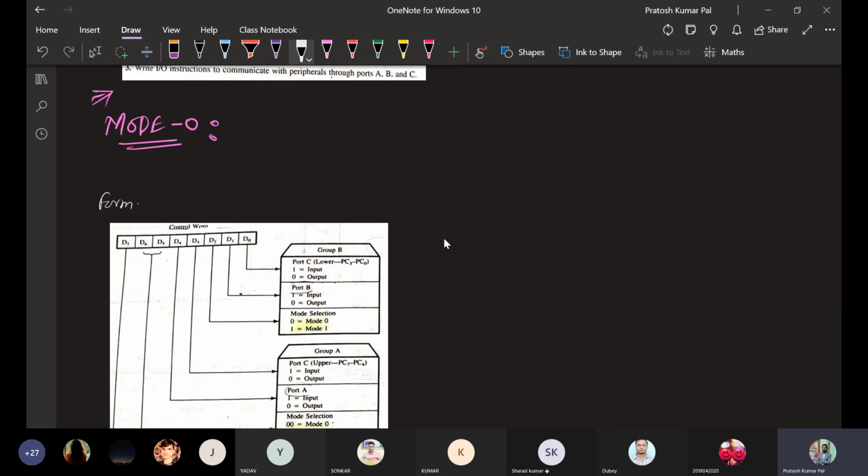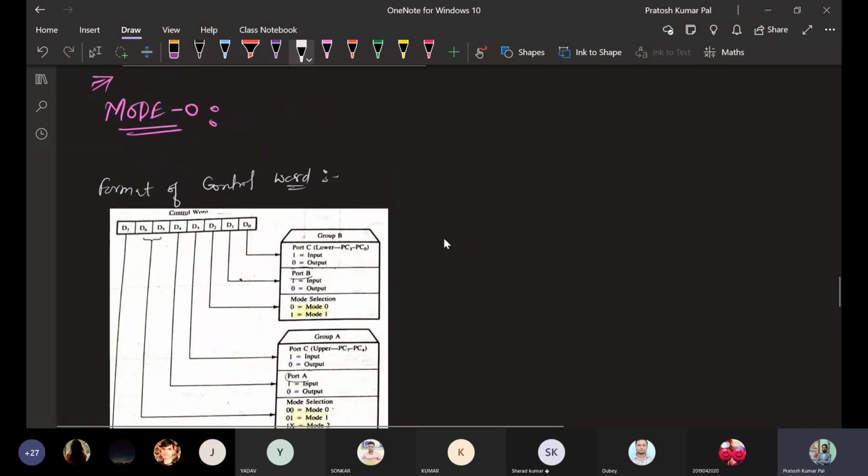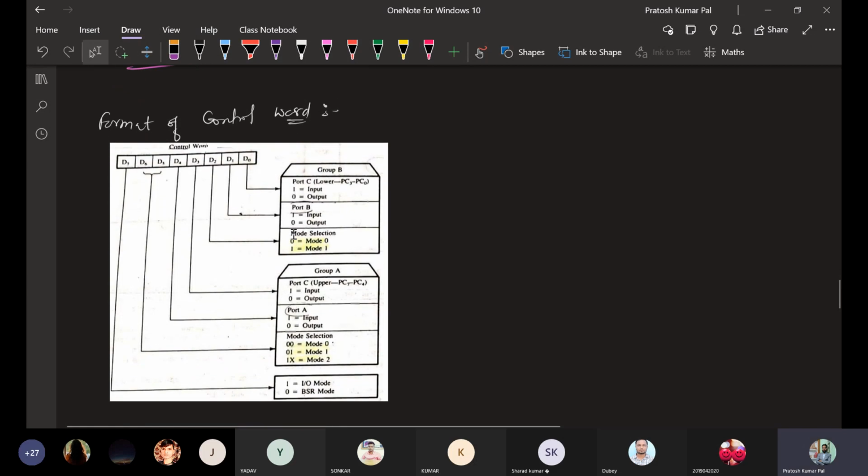In the format of the control word there are D0 to D7 bits. If it is working in mode 0, the D7 bit will be 1.